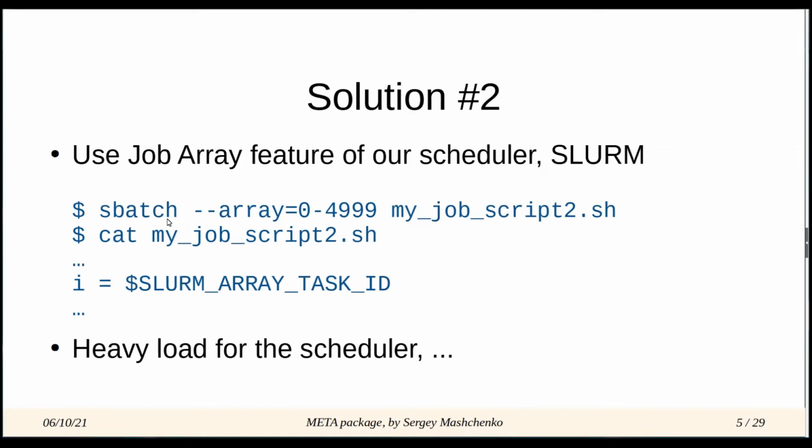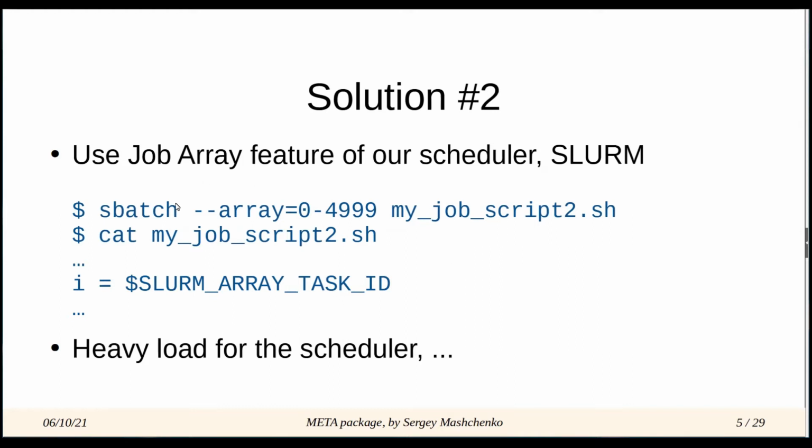So only one sbatch execution. And inside your job script, you have to interpret now this special variable, SLURM_ARRAY_TASK_ID. You can assign it to an index variable and then do exactly the same as on the previous slide. For example, it can correspond to a particular line in the table, in the list of things you want to compute. Unfortunately, the reality is you're not really saving anything except for a little bit less typing.